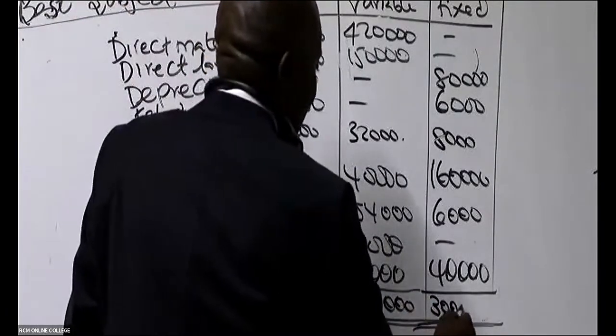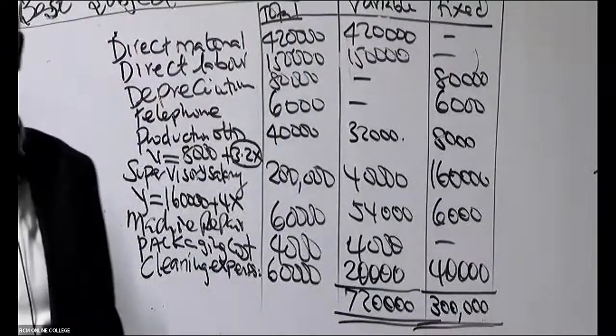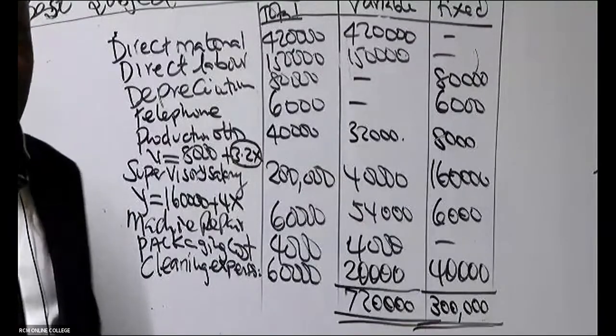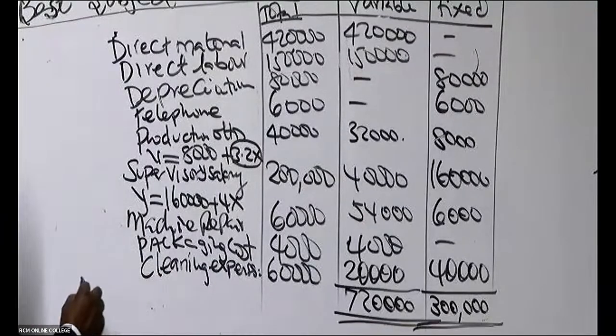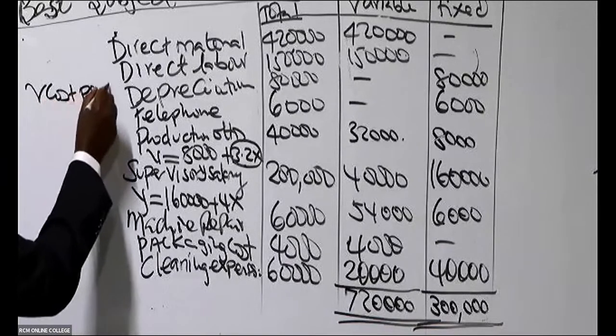300,000. So do you remember that for this variable cost, you must divide the total by the number of units. So give us variable cost per unit.